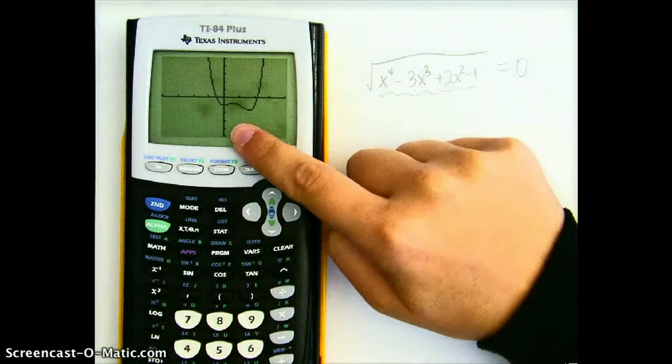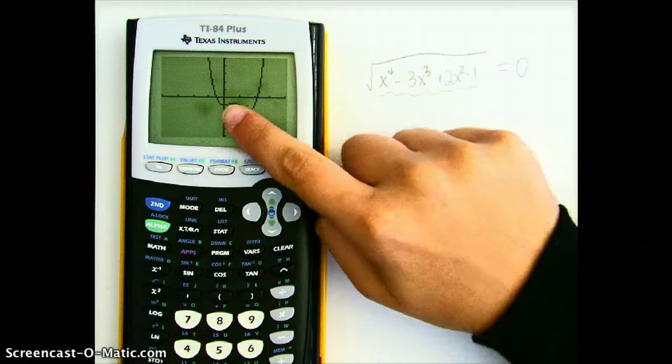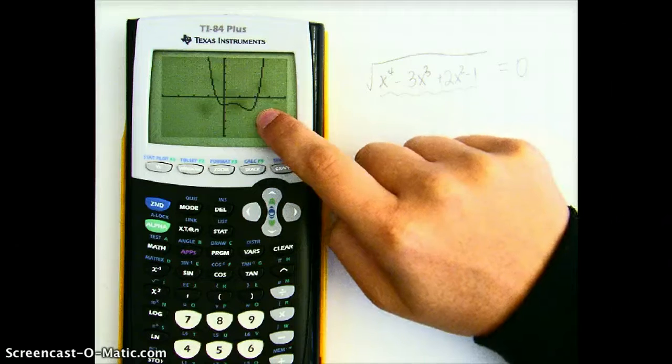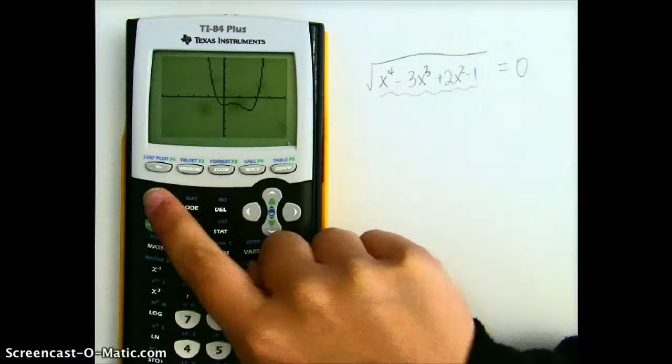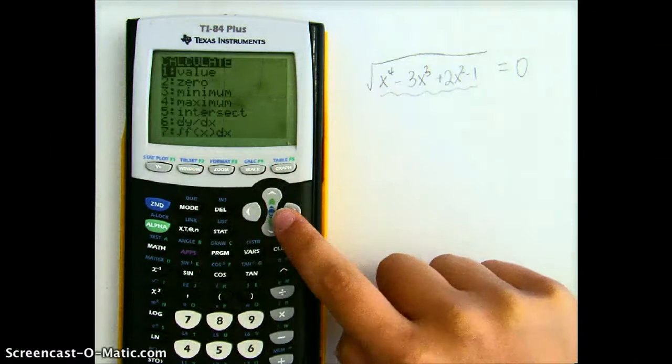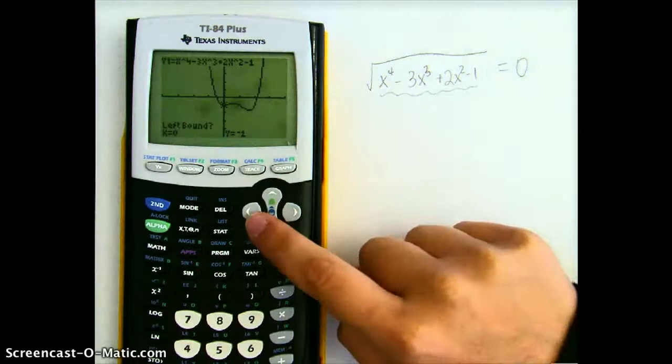And so now I can see where that graph crosses the x-axis. And so to get those 2 points, I'm going to go to my calc function. So I'm going to hit second and then calc and scroll down to 0. Remember, it's going to ask me for a left bound and a right bound.